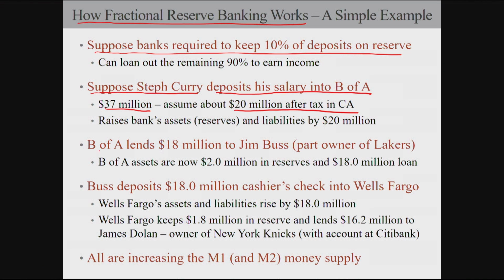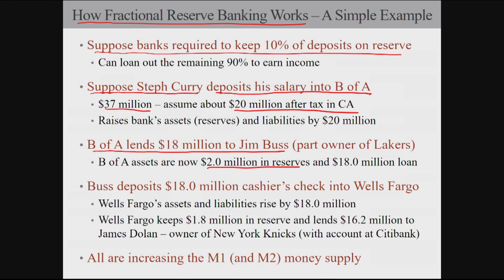They may turn around then and lend $18 million, I just put in another basketball person here, part owner of the Los Angeles Lakers, and they keep $2 million in reserves. So they're required to keep 10% of that $20 million initial deposit in reserves, but they have $18 million initially in what you can think of as excess reserves.